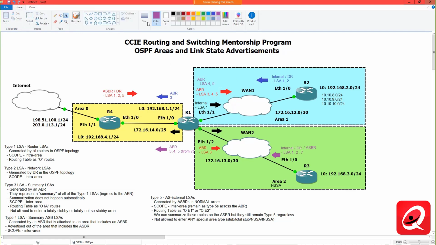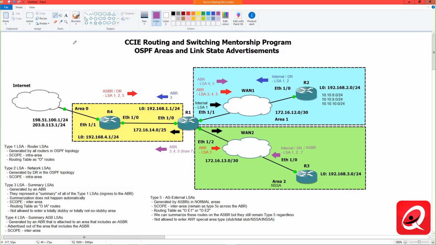Does that make sense? All right. So there's really no difference between, like I said, a type 7 and a type 5. It's just simply a matter of whether they're going to show up as type 7s or type 5s, either in the area that's a special area type or outside of the area once they cross the area border router.